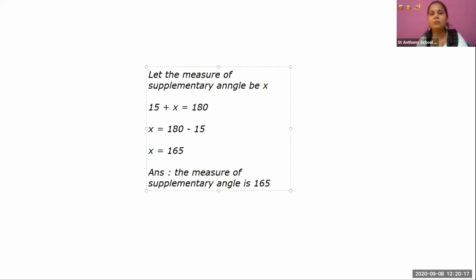Understood, everyone? Very easy sums, right? Now move to the next one. Everyone please note down this sum in your notebook, okay? It's very essential to note all the sums in your rough notebook.